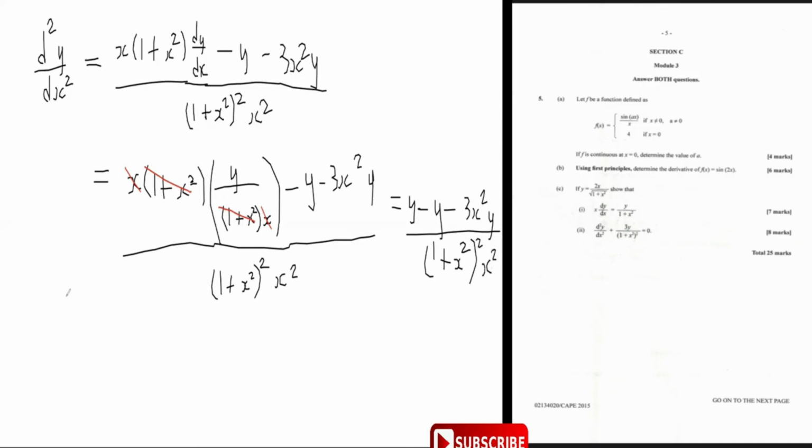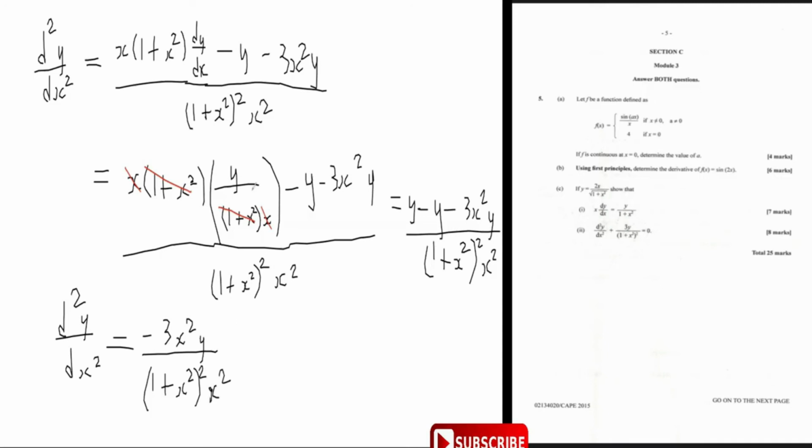So d2y by dx squared is equal to y minus y cancel, so you get minus 3x squared y over (1 plus x squared) all squared times x squared.